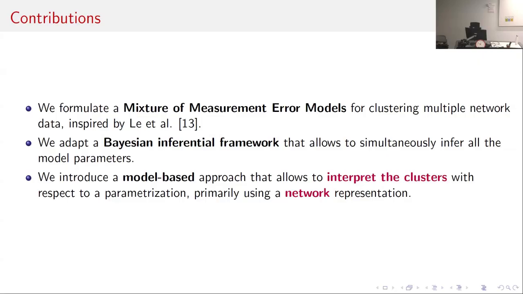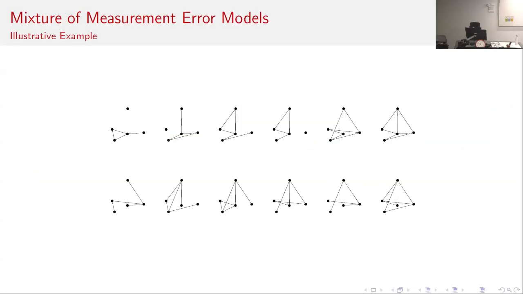And the benefit of this model-based approach is the interpretation of the clusters with respect to parameterization, but primarily with respect to a network. So we have a network summarizing the information for each cluster, summarizing the structure of the networks in each cluster. I will make that a bit more concrete with a toy example.